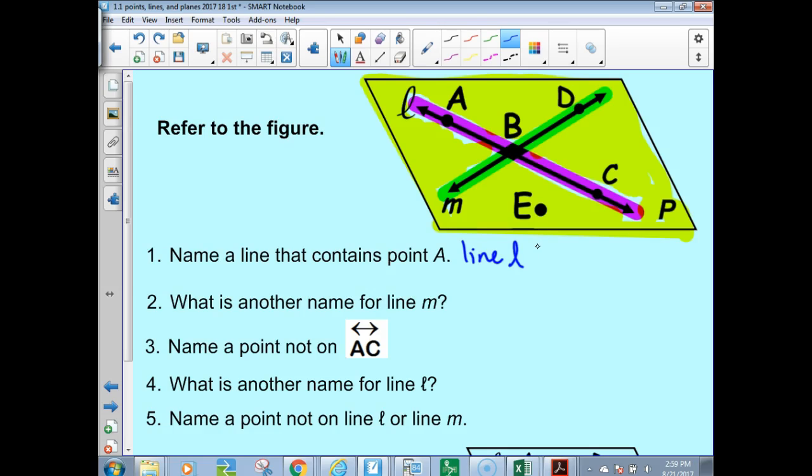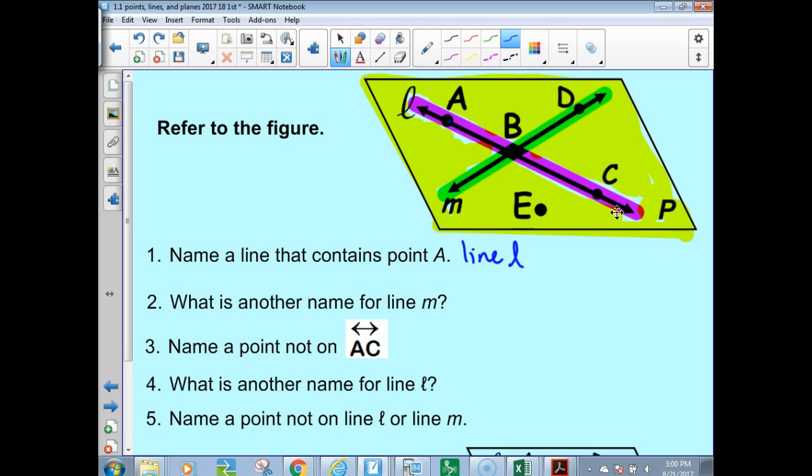The other way to name a line: if I said A, would that name what I want? If I give you just A, all it's going to tell you is that point right there. You need how many points to determine a line?